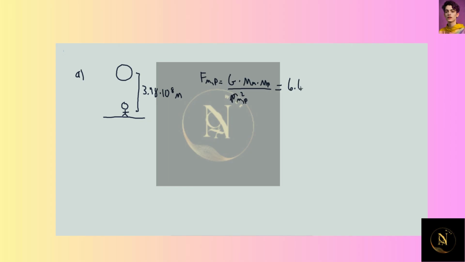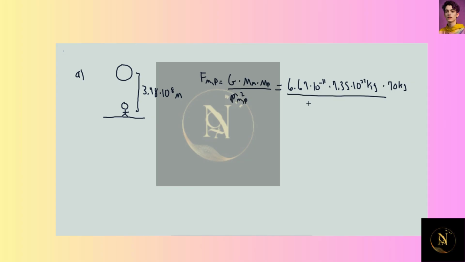So gravitational constant, 6.67 times 10 to the minus 11th. I'll leave off the units on that for now. The mass of the moon, so we aren't given this, so we have to look it up in the appendix, and that will be 7.35 times 10 to the 22nd kilograms. And then the mass of our person, which is 70 kilograms.